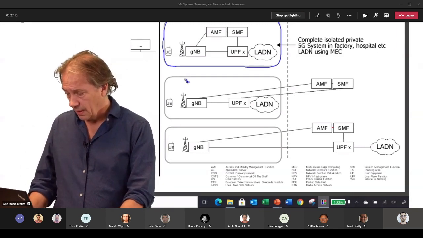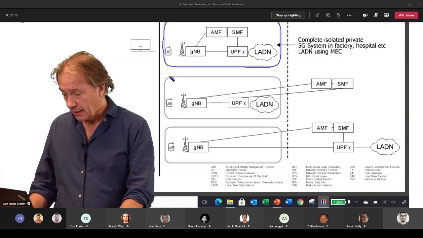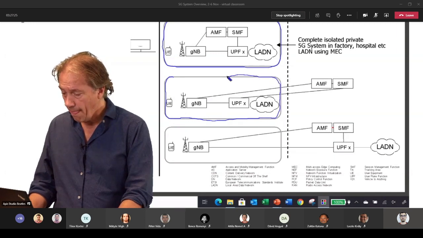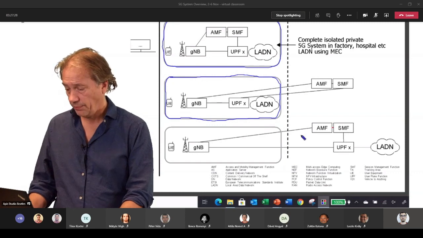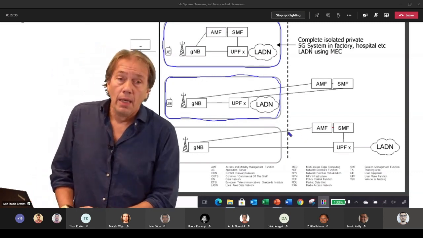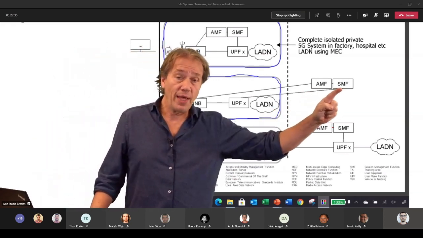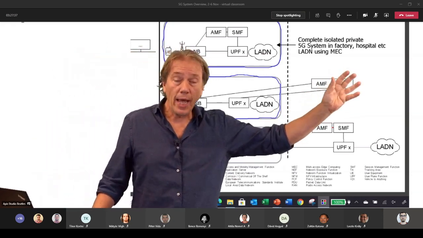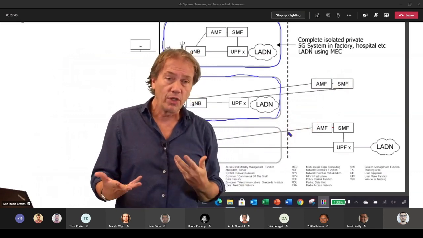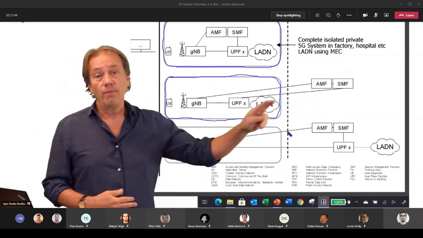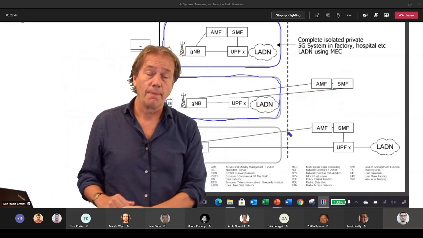This is still the border of the local area data network service area. But in this example, the AMF, the SMF, and UDM, and policy control function, and all the other cool network functions we have talked about earlier, they can be somewhere else.